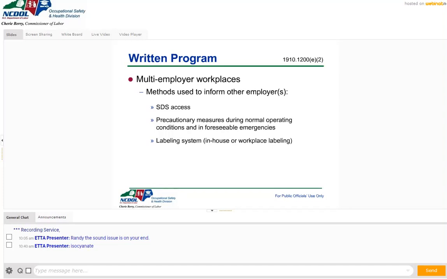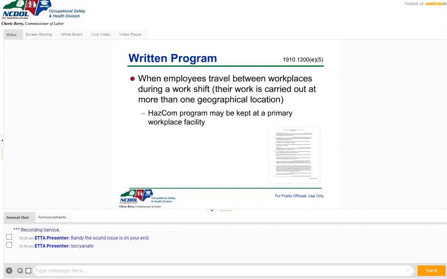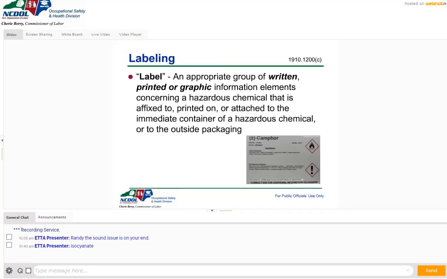And also, if you bring other contractors or other employees to your work sites, make sure that they know how to understand your labeling systems that you're using, because there are a lot of different ways to label chemicals. If you have employees that travel between workplaces, you can keep a HAZCOM program at a primary workplace facility as long as it's accessible, readily accessible.